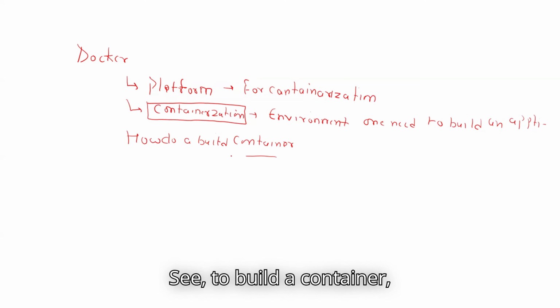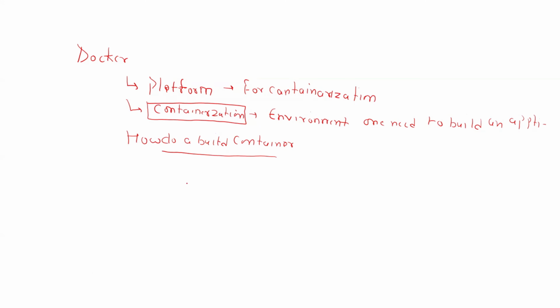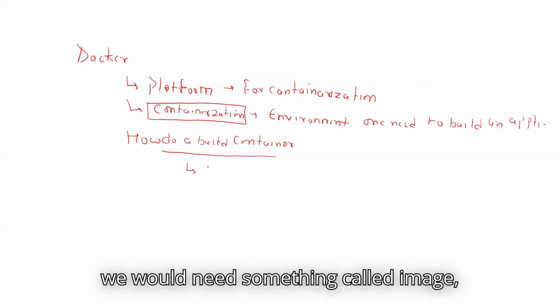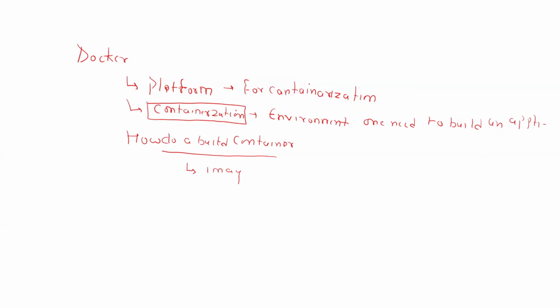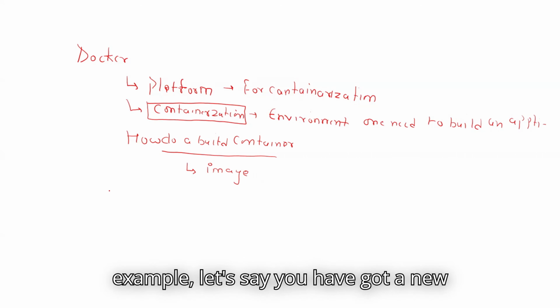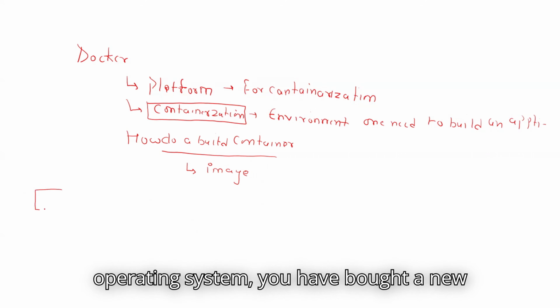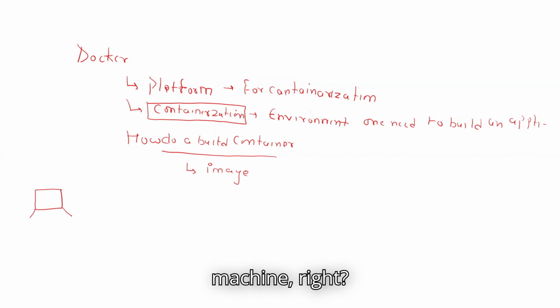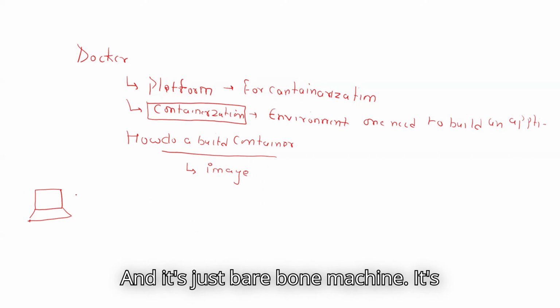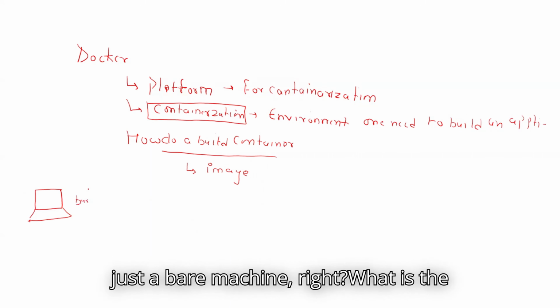To build a container, we would need something called an image, right? So, for example, let's say you have bought a new machine, and it's just a bare bone machine.